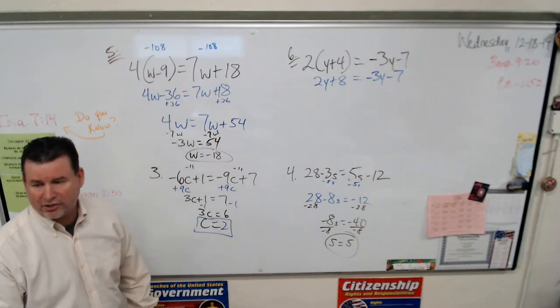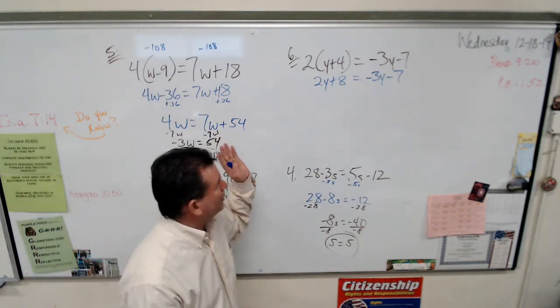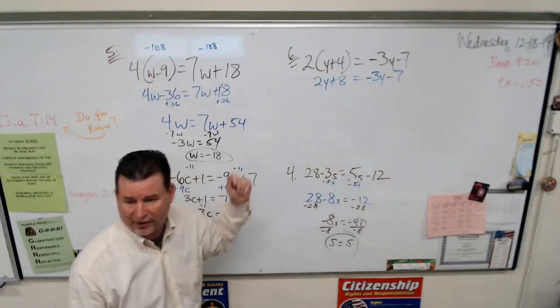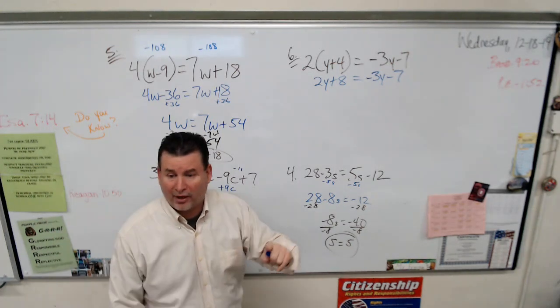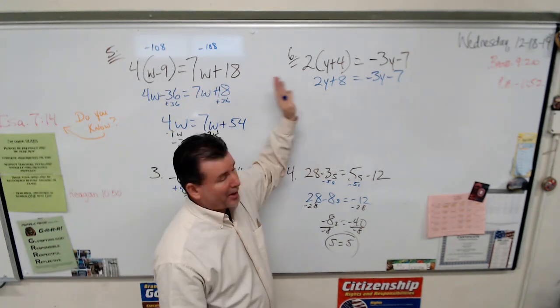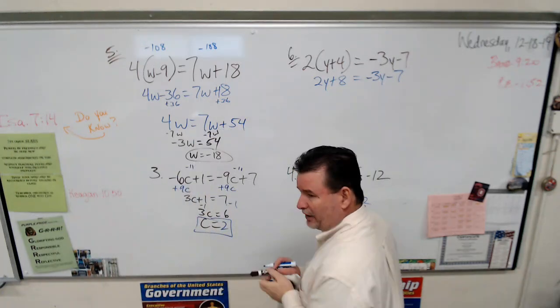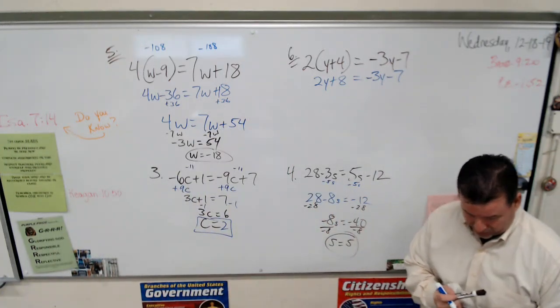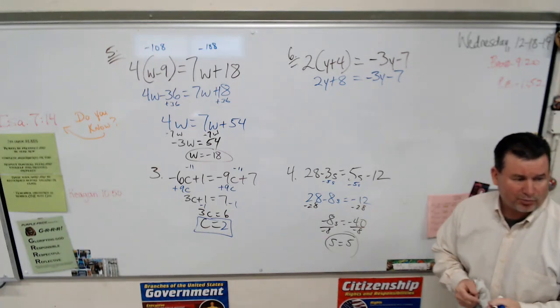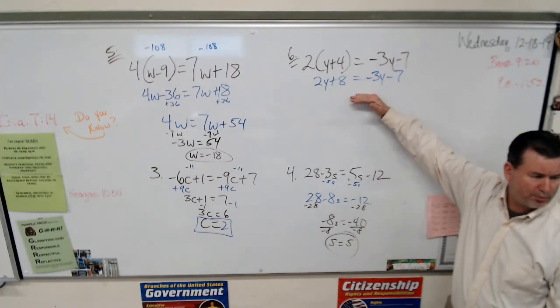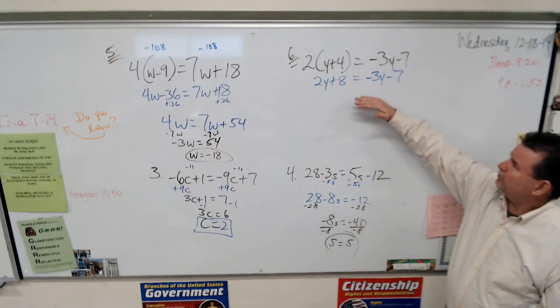Okay, now we have a decision to make. Do we want our y terms on the right or on the left? I'm going to put them on the left because I notice it's going to make the y positive. You have to make a choice here.